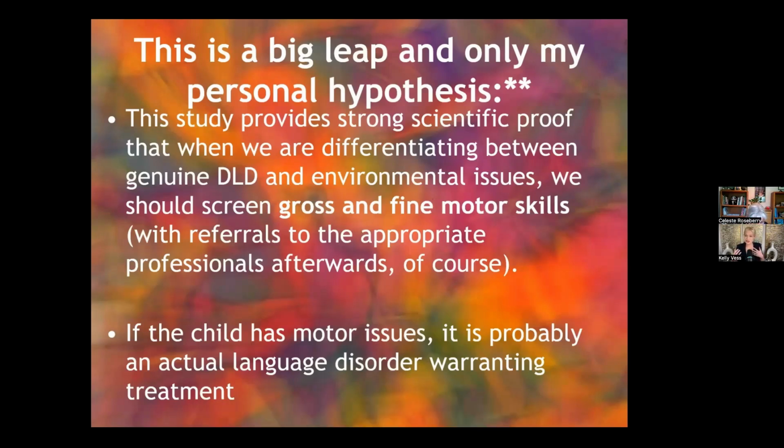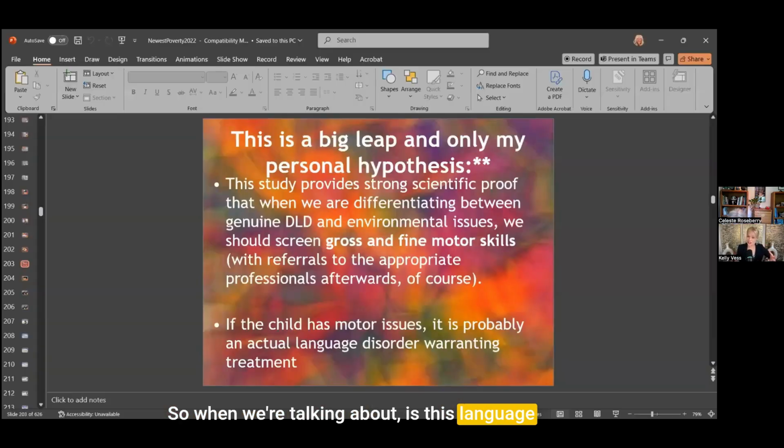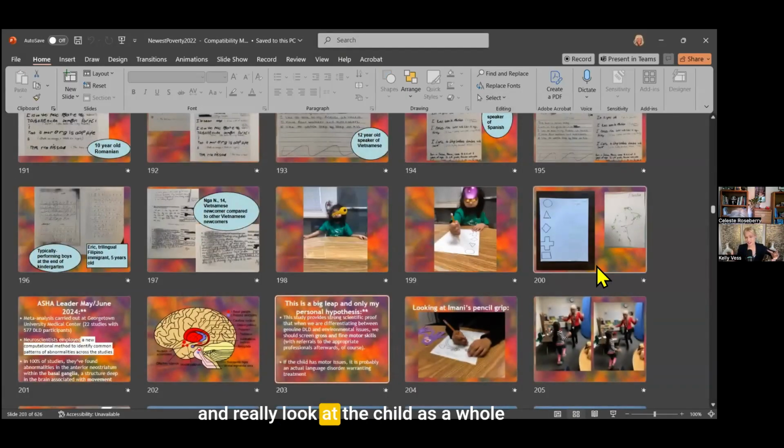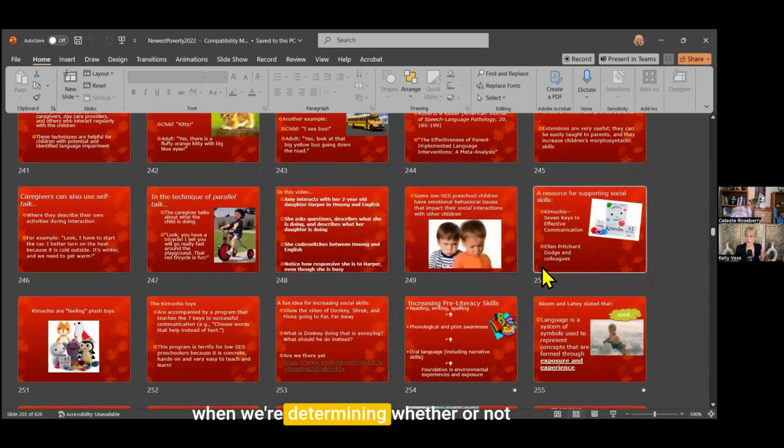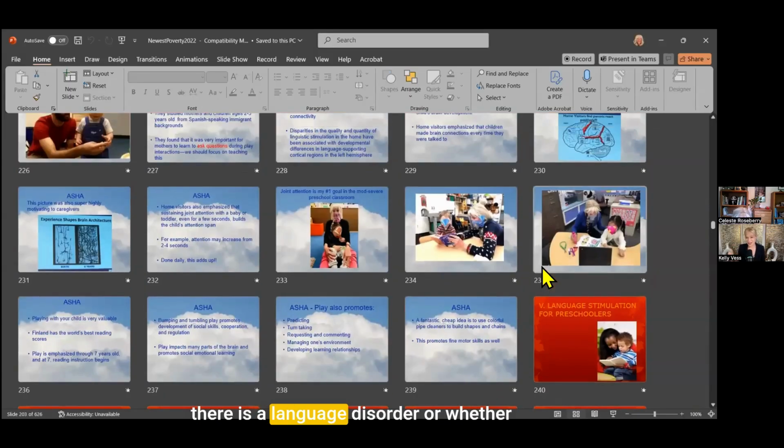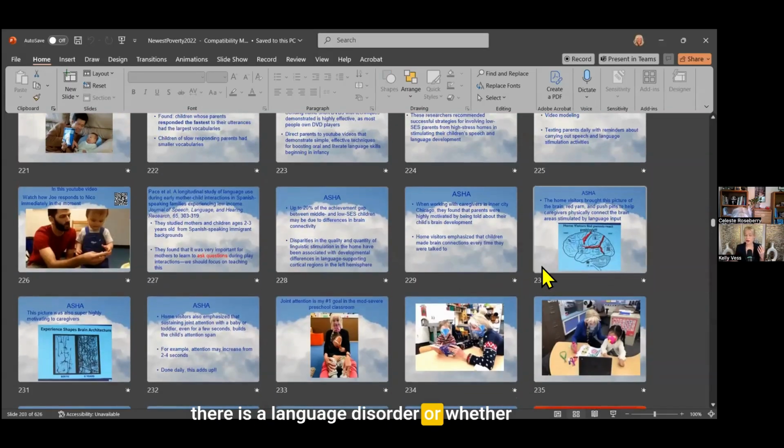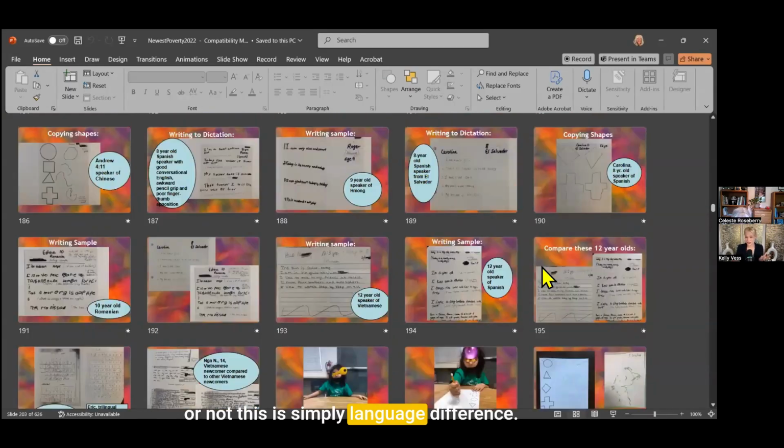Big caveat. So when we're talking about, is this language difference or is this a language disorder? What you're looking at is, let's look at the working memory. Let's look at the gross and fine motor skills. Let's look at the social emotional background and really look at the child as a whole when we're determining whether or not there is a language disorder or whether or not this is simply language difference.